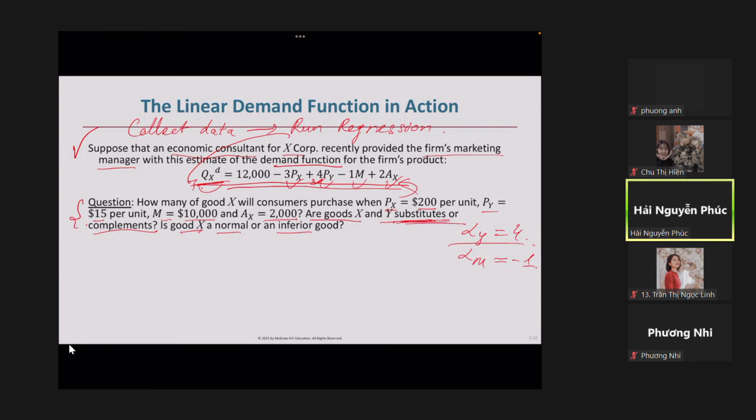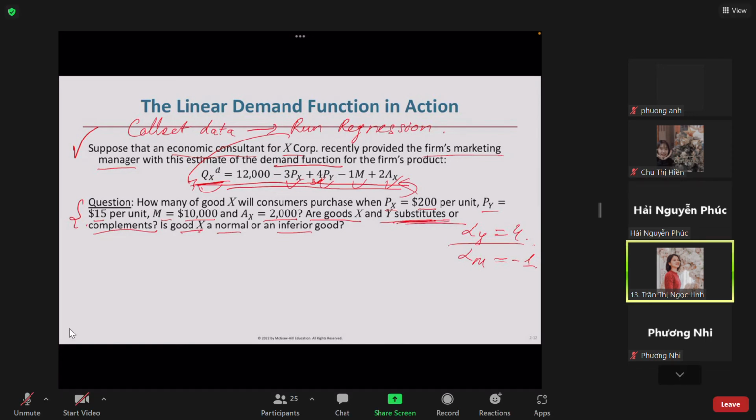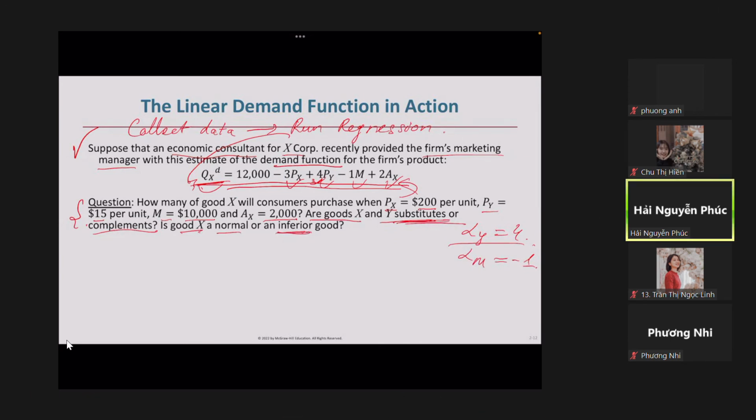What do you think? It's lower than 0, so X is inferior. Good. Yeah, that's correct. X is an inferior good because when income increases, the quantity demanded for good X will decrease. Okay, so pretty simple.